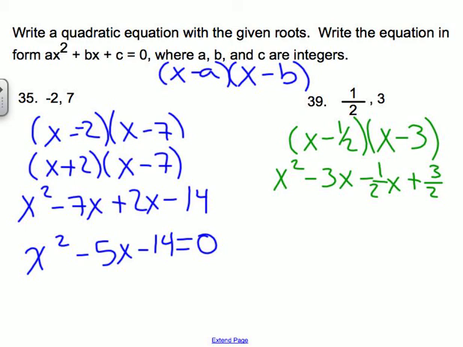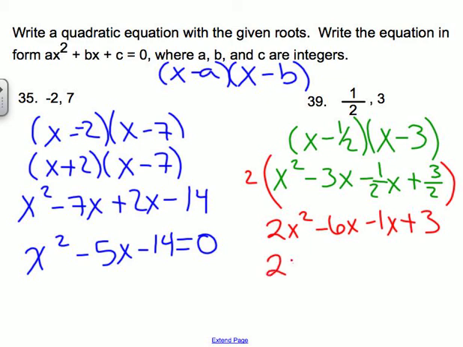Now because I have those fractions in there, I'm going to use a technique we had earlier this semester, and I'm going to multiply everything by 2 so I can eliminate those fractions, because we want integers. Multiplying everything by 2, I get 2x squared minus 6x minus 1x plus 3. Collecting my like terms, I come up with 2x squared minus 7x plus 3 is equal to 0, because I asked for an equation.